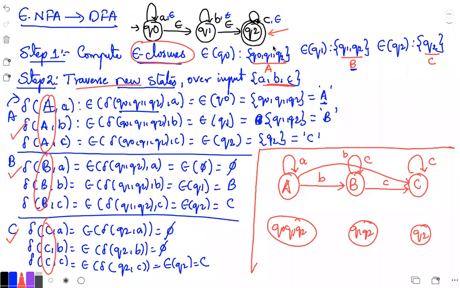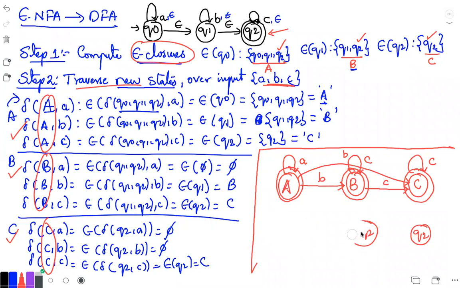Whenever there is an occurrence of the final state, that becomes a new final state. So A has Q2, B has Q2, C also has Q2. So all three become final states. A DFA can have multiple final states, so no issue with this.